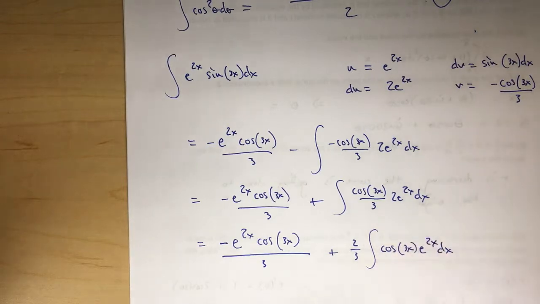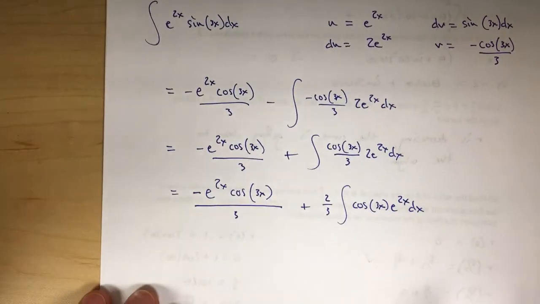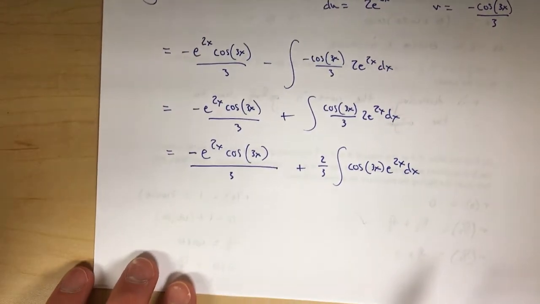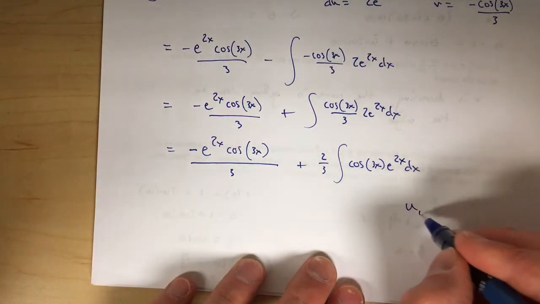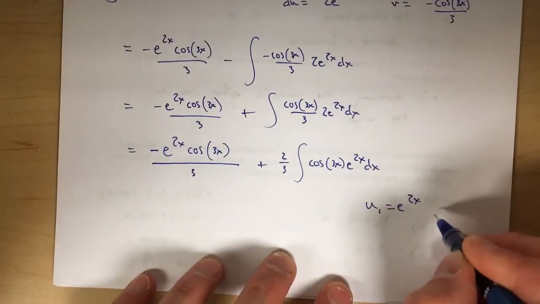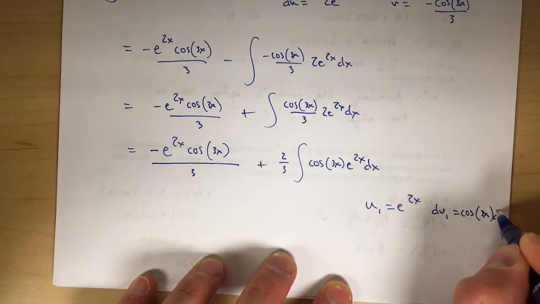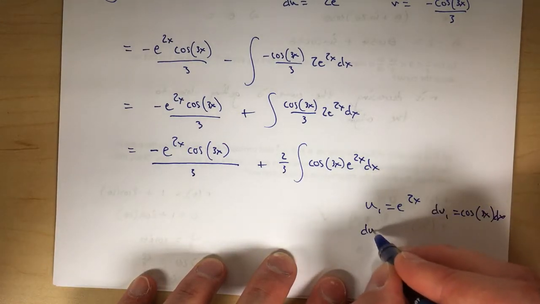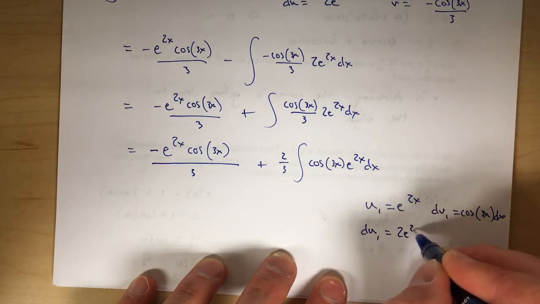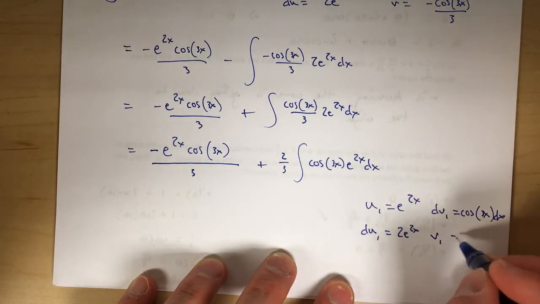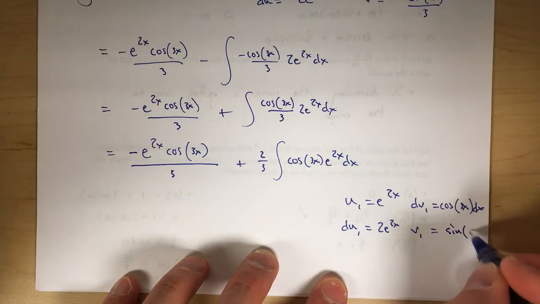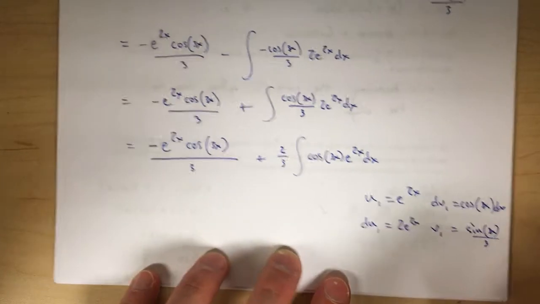Now, this is still a pain, but what if I repeat the process? Can I get something that will work? So what if I let u sub 1 be e to the 2x and dv sub 1 be cosine of 3x dx? Then du sub 1 would be 2e to the 2x, and v sub 1 would be sine of 3x divided by 3.